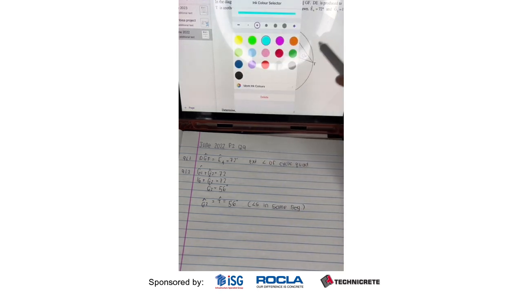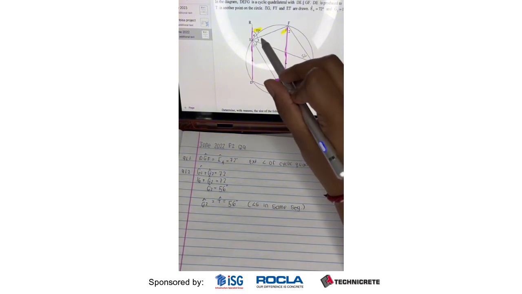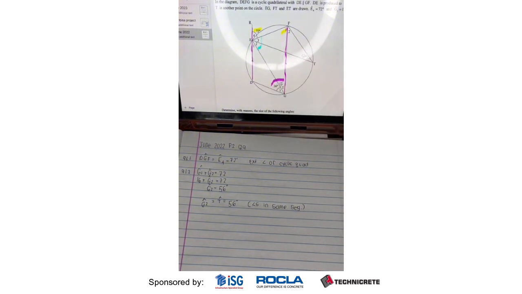This is a different color. They want us to find this angle here. Okay, so what do we know already? We know that F1 is 72, we know 56, and then we can calculate this with sum of angles of a triangle.